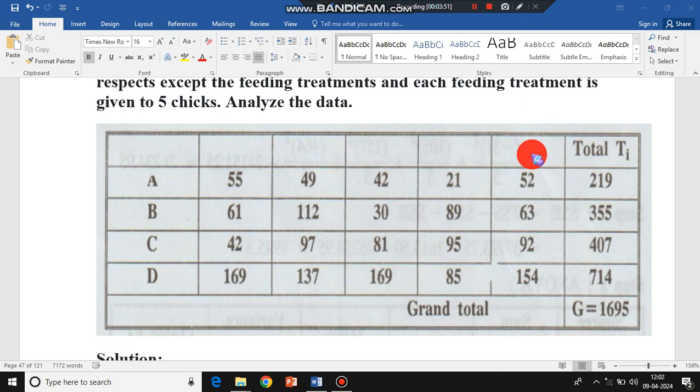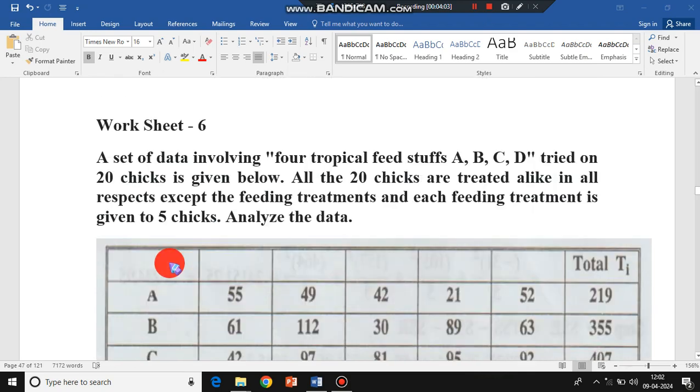Our aim here is to see whether there is homogeneity column wise as well as row wise. This is what you have to do by two-way analysis, so this problem is connected with two-way analysis.